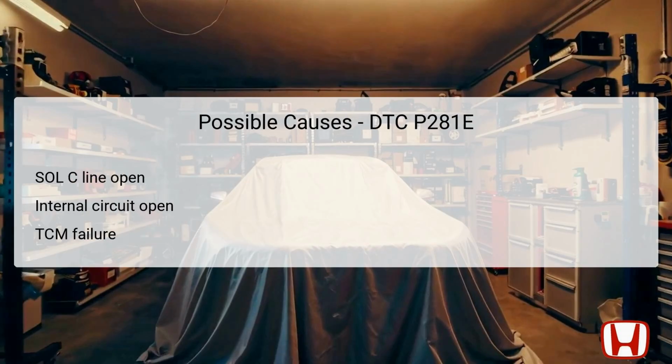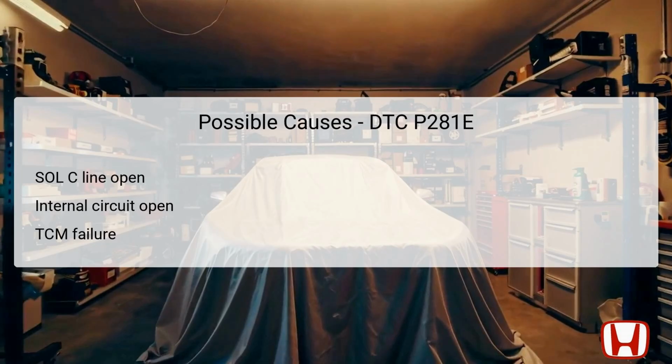There are several potential causes for DTC P281E, starting with the possibility of the SOLC line being open. This could occur due to a loose connection or disconnection at the wiring harness connectors associated with the Shift Solenoid Valve OP. If the circuit is open internally, it will also prevent the solenoid from receiving the right commands from the TCM.